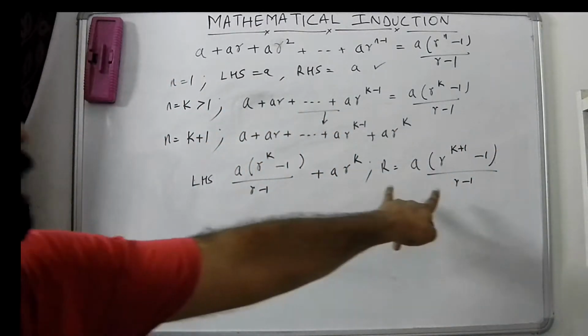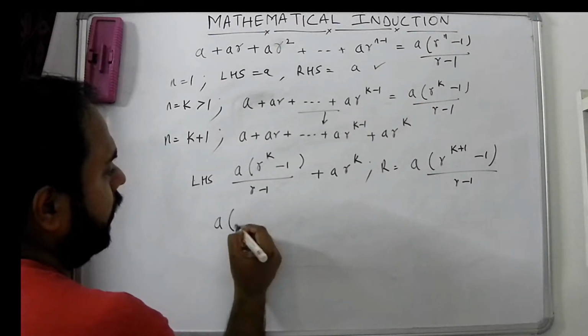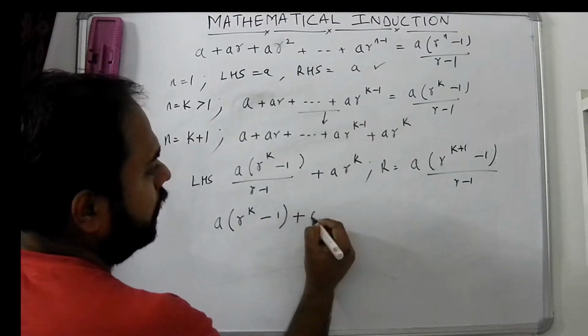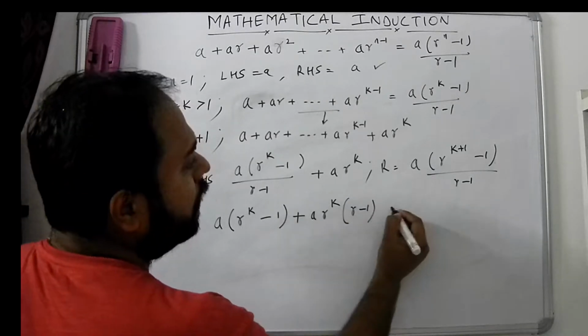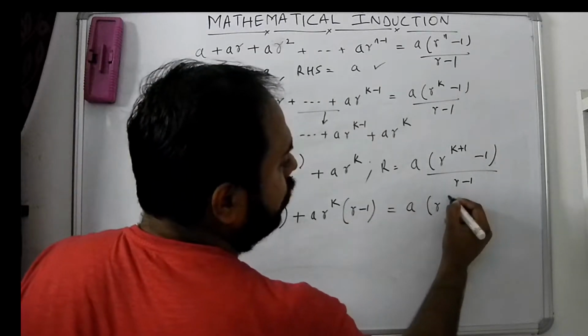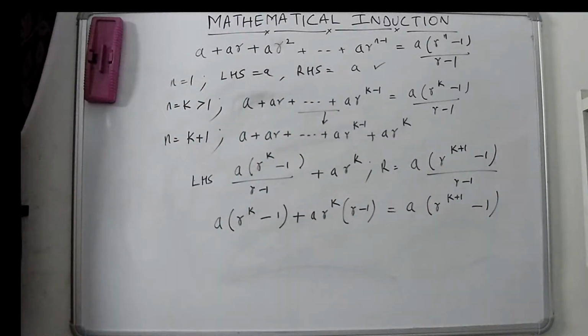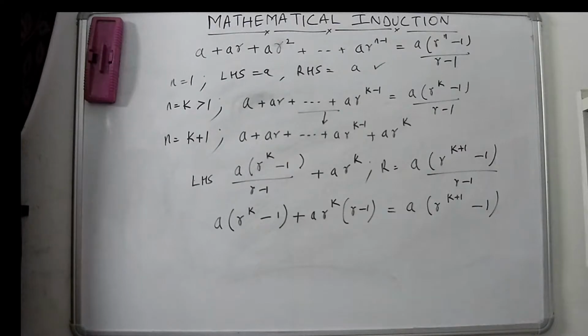Let's take the LCM of r minus 1. So what I need to prove is essentially a(r to the power k minus 1) plus a r to the power k, multiplied by r minus 1, is equal to a times (r to the power k plus 1 minus 1). I'm just cancelling out the denominator after taking the LCM. Now let's open the bracket.